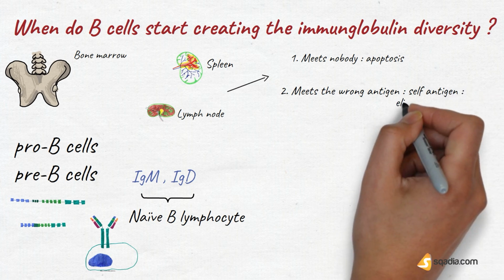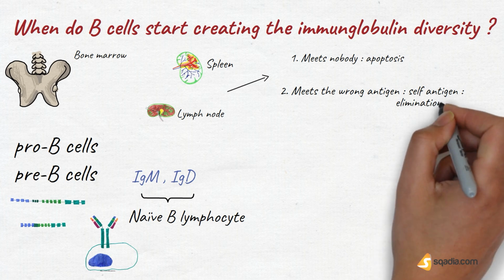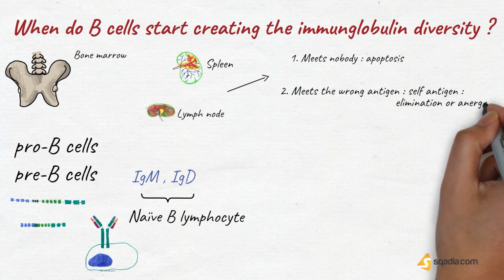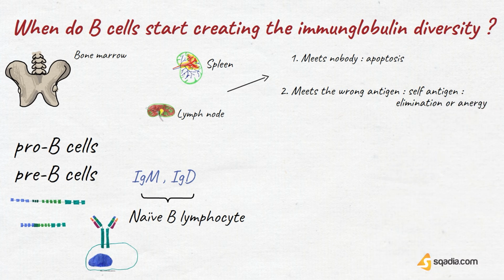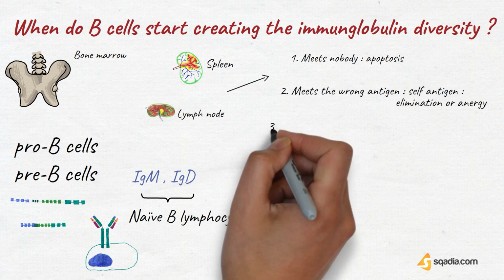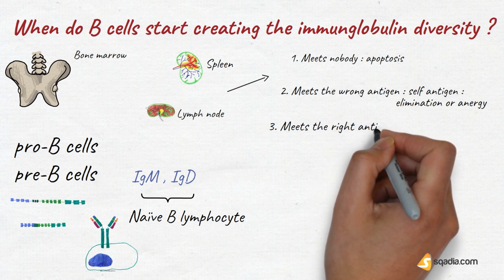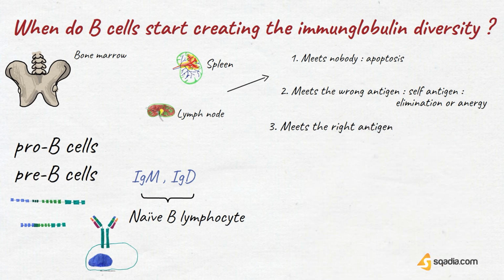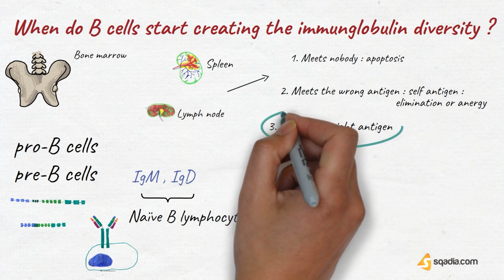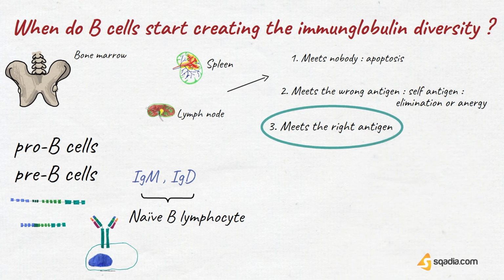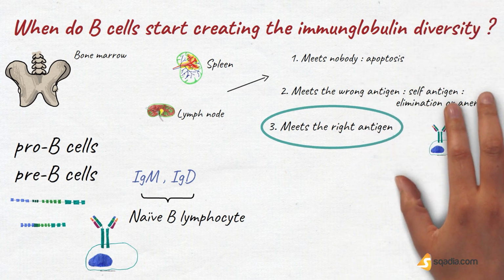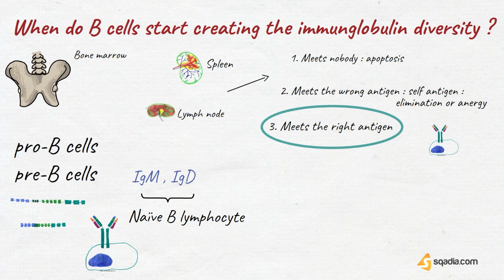Our body is capable of eliminating the falsely activated B cells or forcing them to die, to fall in anergy. And this process is important because it protects our body from autoimmune diseases. The third scenario is that the lucky B lymphocyte, the one that has the unique combination of amino acids, makes the exact perfect match of an antigen.